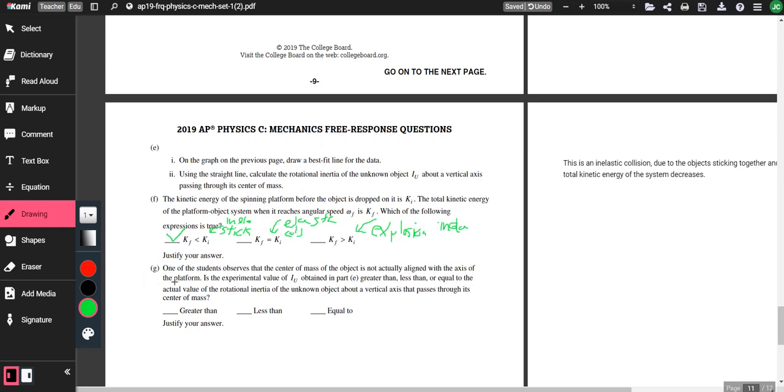Okay, part G. Let's see. They mention that the center of masses don't actually align, and they want to know whether or not this IU will end up being greater than, less than, or equal to the actual unknown setup. So the answer to this is going to be greater.